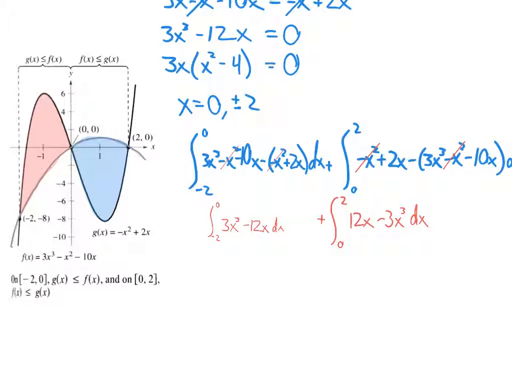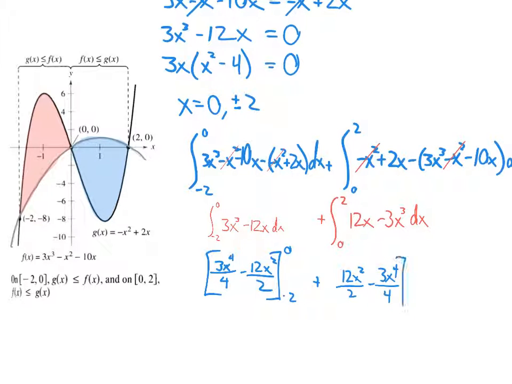Sure, for both of them. Okay, yeah, so we have 3x to the 4th over 4 minus 12x squared over 2, from -2 to 0, and then plus, again, 12x squared over 2, minus 3x to the 4th over 4, evaluated from 0 to 2.